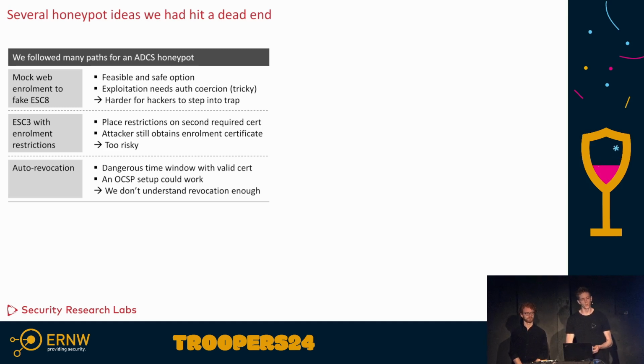We tried to make it safer using approaches like auto revocation. But certificate revocation is a complex topic. There's a lot of caching happening, and it's not very straightforward to make sure revocation happens instantaneously, with no time window where an attacker could potentially exploit a vulnerability within a valid certificate.